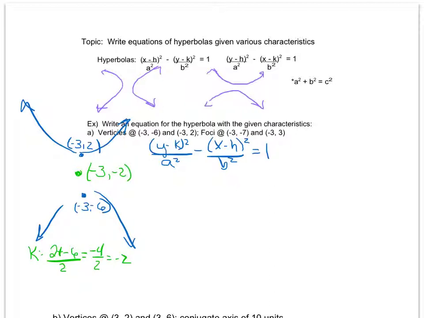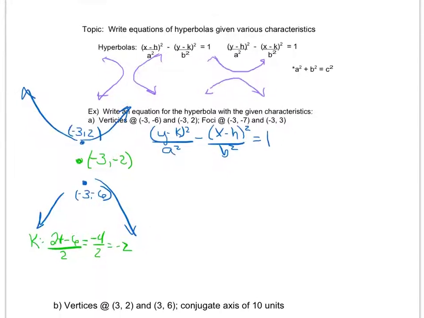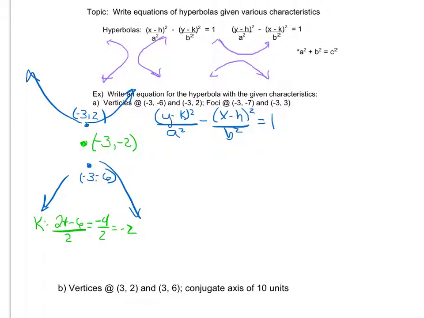I can also find my a because remember a is going to be the distance between my center and my vertices. So I can find the distance if I use a distance formula. So a distance formula is just going to be absolute value of one minus the other. So I'm going to go ahead and say my a is the absolute value of 2 minus -2, giving me an a value of 4.